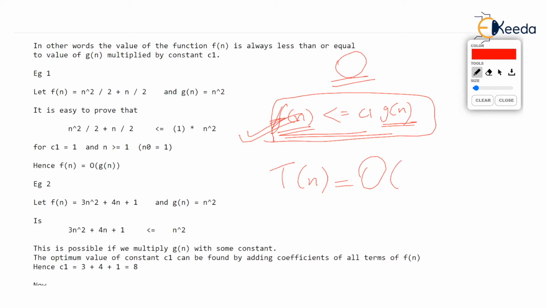For example, if I say T(n) is equal to big O of n cube, then the reader is not interested in knowing what the constant was. Actually, T(n) is less than or equal to n cube, but not purely n cube. Some C1 was multiplied with this, and we dropped that C1. In our literature of algorithms, we are not interested in the exact relation between the functions, and we are not interested in C1.